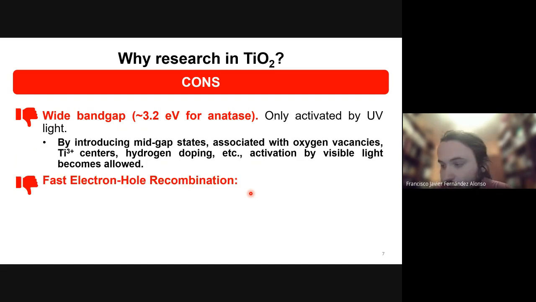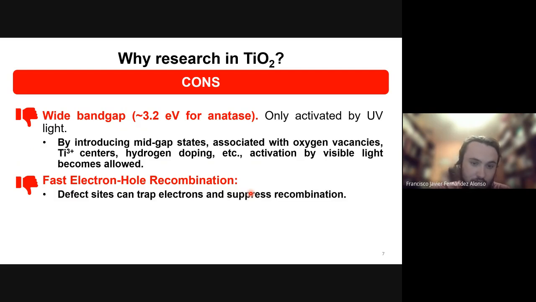Also, titanium oxide has a quite fast electron-hole recombination. Again, it has been reported that by doping or by introducing defect sites into the structure, we can introduce electron traps that can help to reduce recombination and in this way enhance the photocatalytic performance, since fewer electron-hole pairs are going to recombine before participating in the photocatalytic reaction.